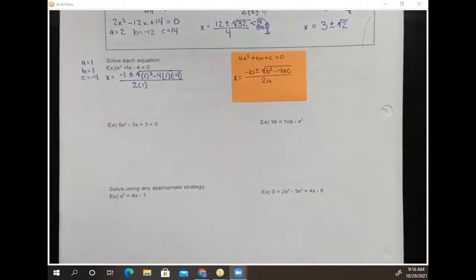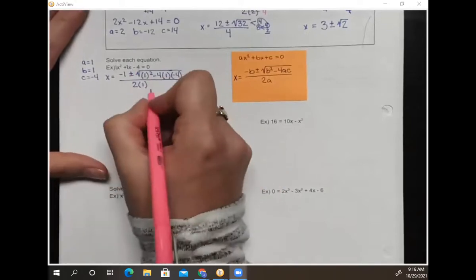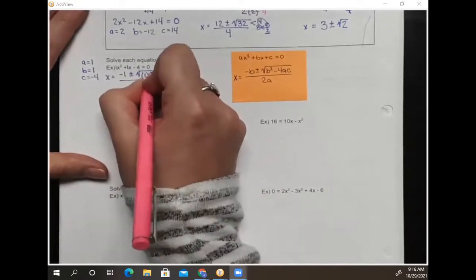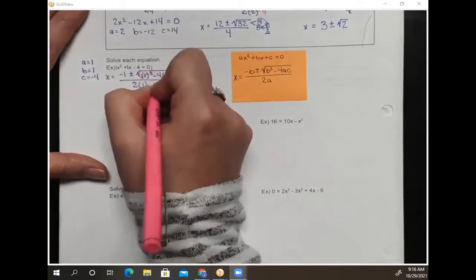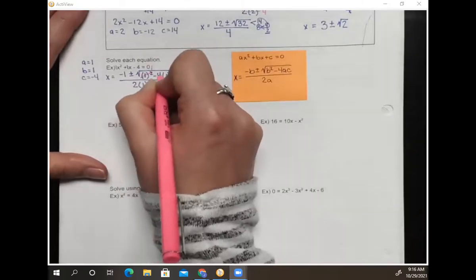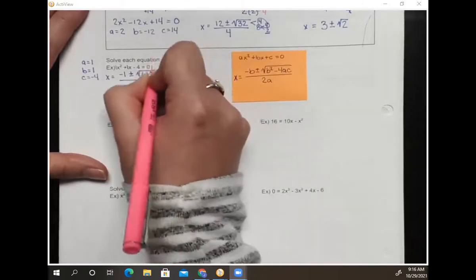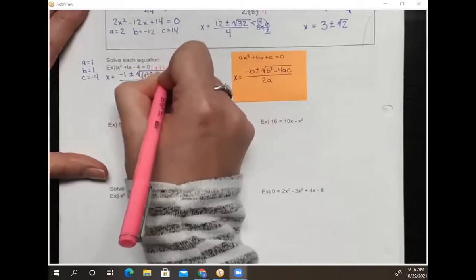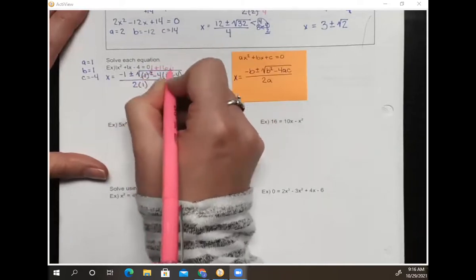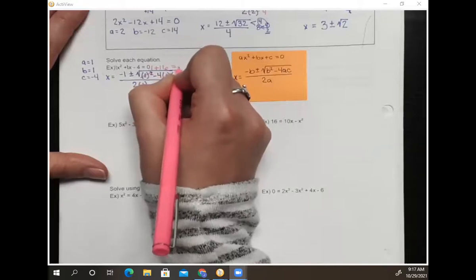Now I'm going to go through and do some simplifying. I plugged in all my values. 1 squared under my root here is just 1. And then I have negative 4 times 1 times negative 4. That would be positive 16. So under my root, I have 1 plus 16, which is 17.